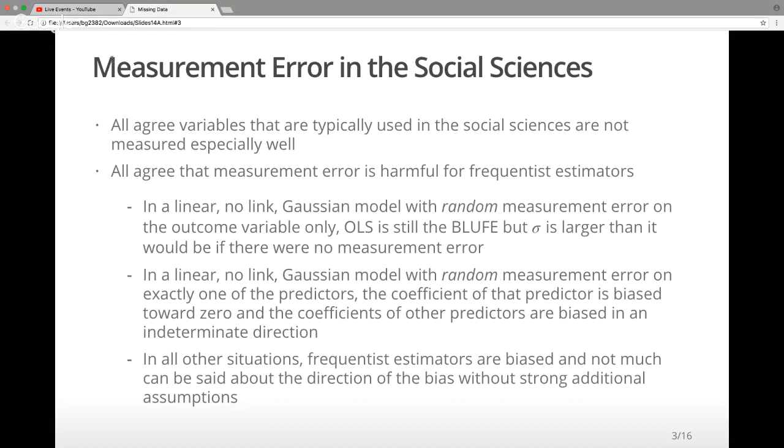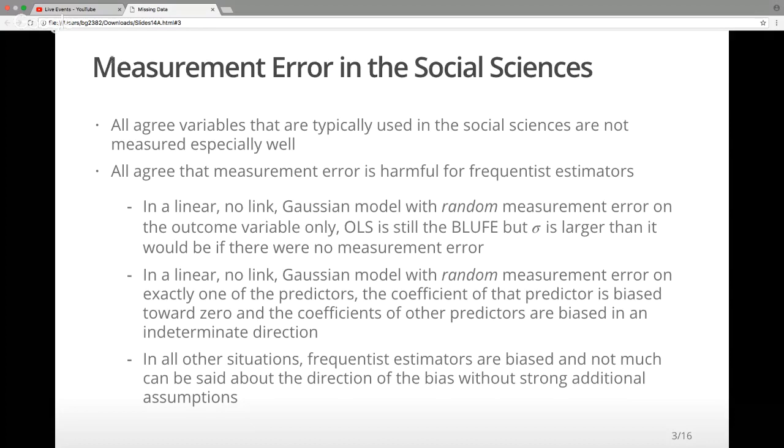It would be odd if a reviewer for American Political Science Review or Journal of Economics or something like that said, I don't think this paper should be published, the variables in it have too much measurement error, when that reviewer is submitting articles to that same journal that also have variables that are measured with a considerable amount of error, and saying, well, you should publish my paper.